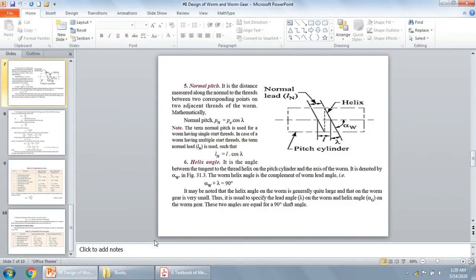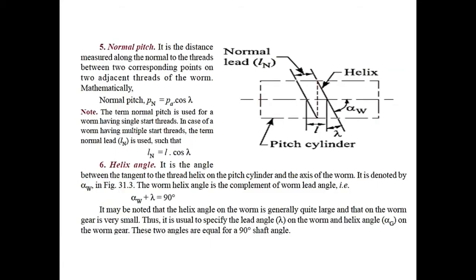Then further we proceed to normal pitch. So normal pitch is the distance measured along the normal to the threads between two corresponding points on two adjacent threads. If there is any plane which is normal to the thread, then the distance between two corresponding points on two adjacent threads of the worm will be known as Pn, normal pitch.